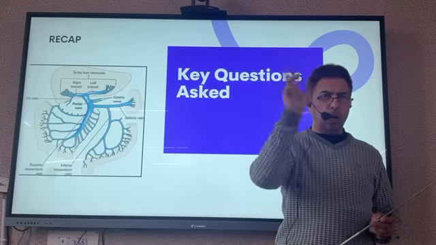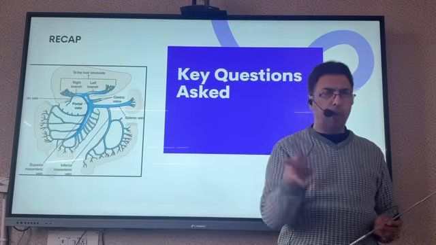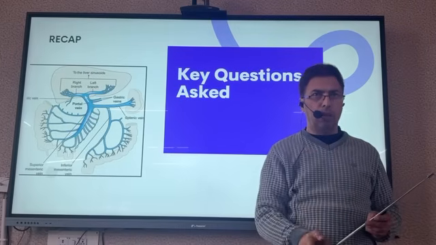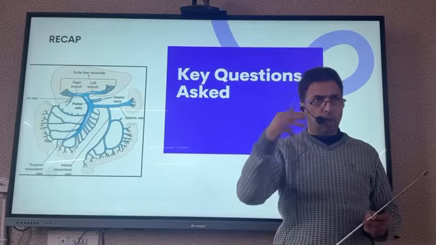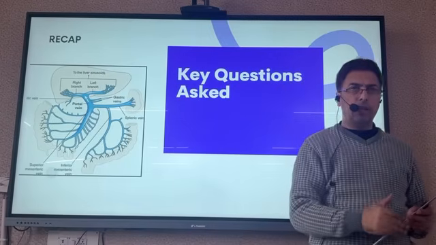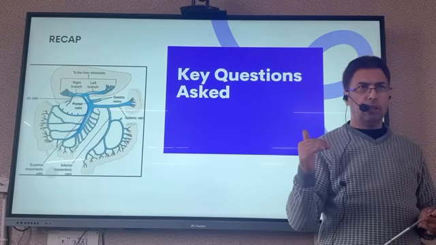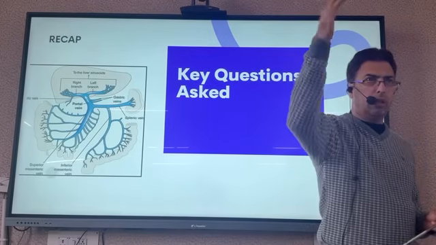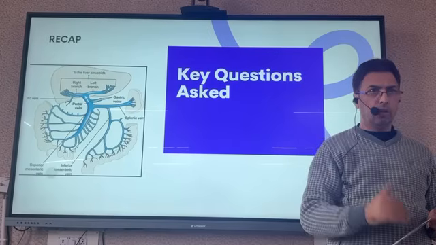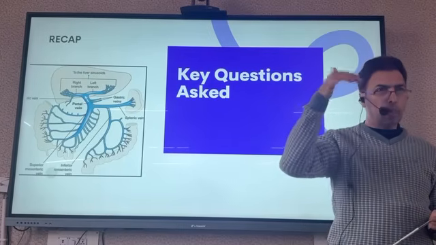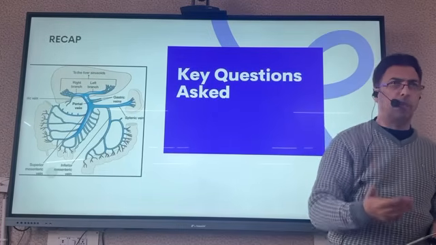The margins of the porta hepatis are covered by dash. The portal vein is divided by what segment of the gut? Jejunum, ileum, duodenum, colon. So this is what is in the examiner's mind.